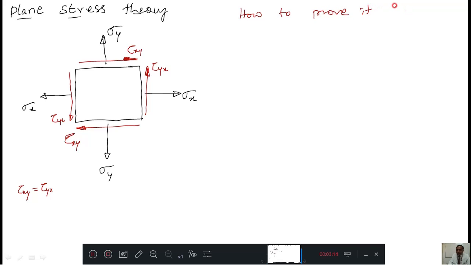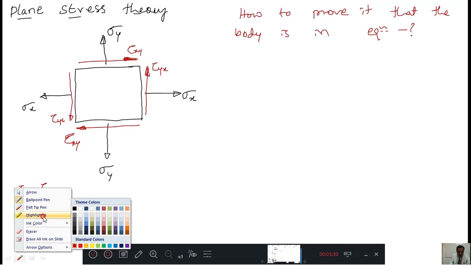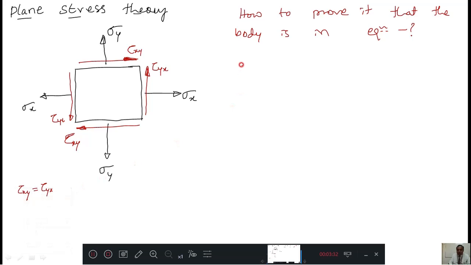How to prove that the body is in equilibrium? The answer is very simple. The answer is by having the equations sigma Fx equal to 0 and sigma Fy equal to 0. Right?